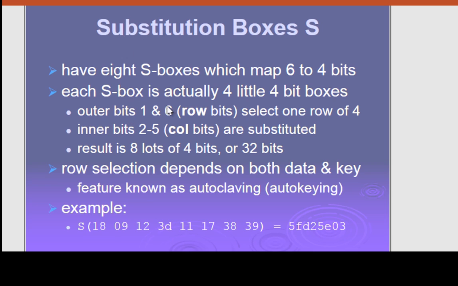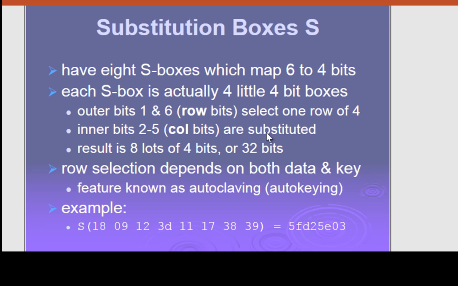Among the 6 bits, first and 6th are the row bits, and the inner bits 2 to 5, that is 2, 3, 4 and 5, those 4 bits are the column bits. So 1 and 6 are the row bits and 2 to 5 are the column bits.